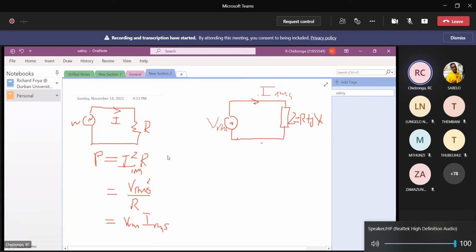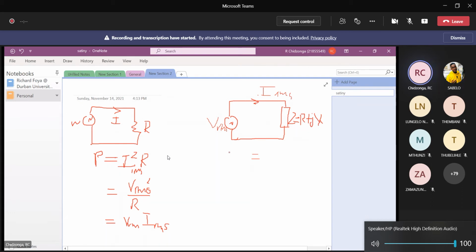So there is a circuit. Now notice that this impedance has got a real part and a complex part. So if we ask, what is the power? We are not going to get P as in real power because of the presence of this complex value.